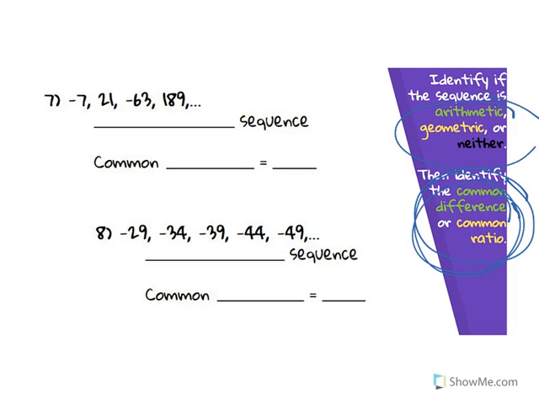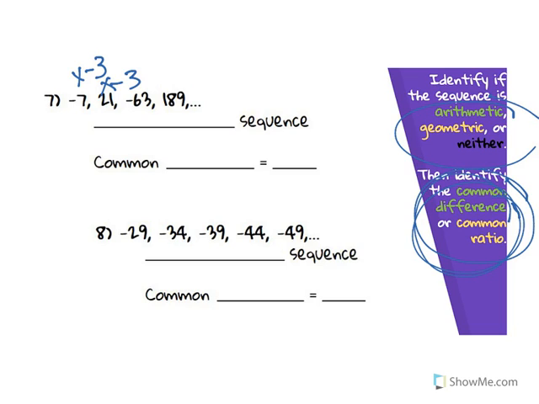So -7, 21, that's a pretty big jump. So we're probably multiplying. And I happen to know that -7 times -3 would be 21. Negative times a negative is a positive, remember that. 21 times -3 is -63.